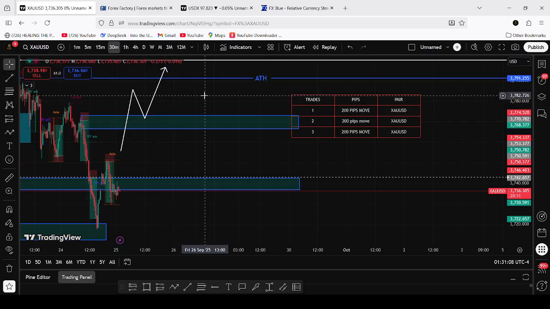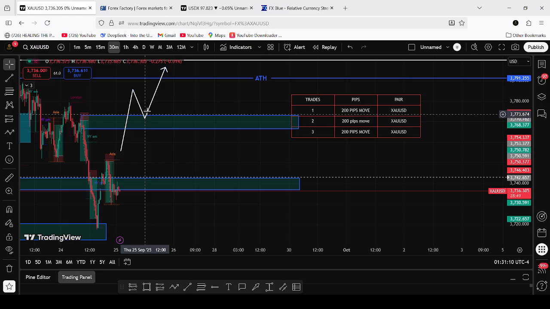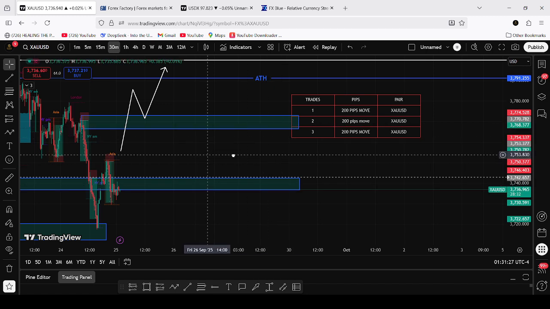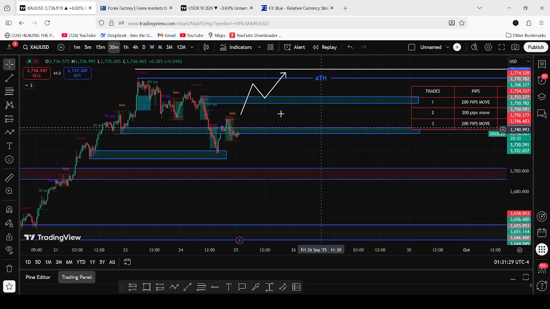You look for the 3800 level, then you go to maybe 3810, 3820, 3840, around there. The rally might go probably like 300 pips above this zone.